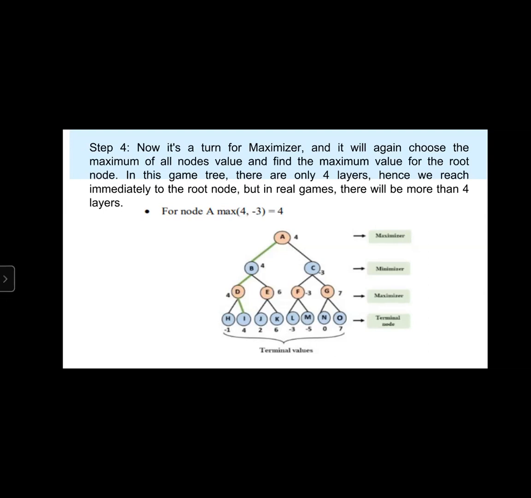Here in this game tree, there are only 4 layers: 1, 2, 3, 4. Hence, we reach the root node immediately. But in real games, there will be more than 4 layers. See the diagram for node A, the maximizer.